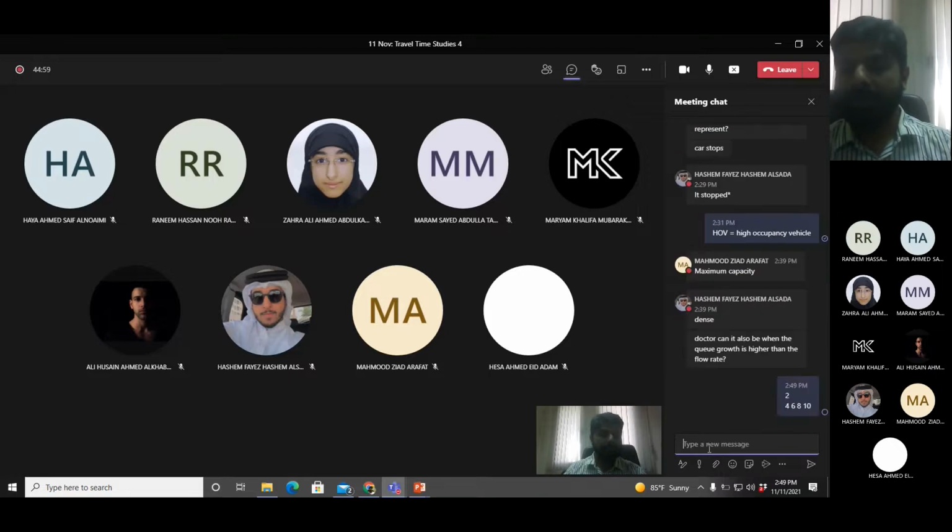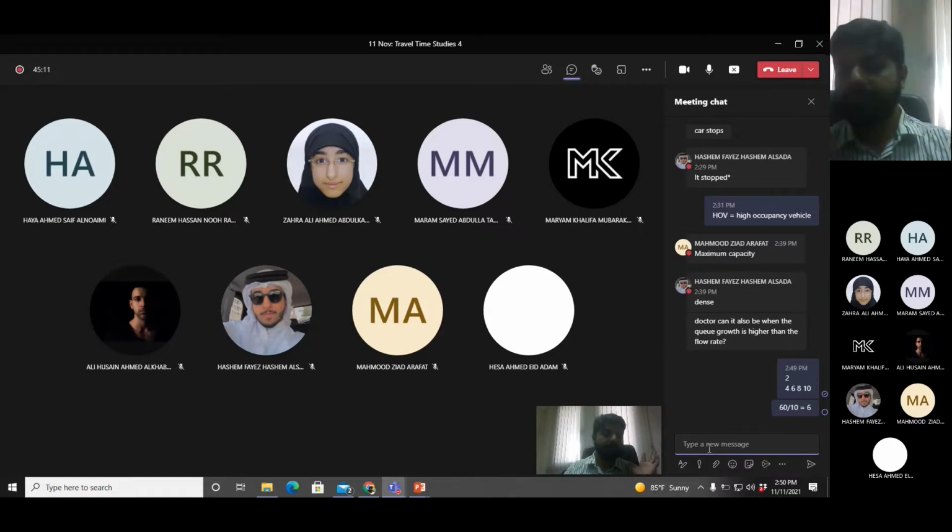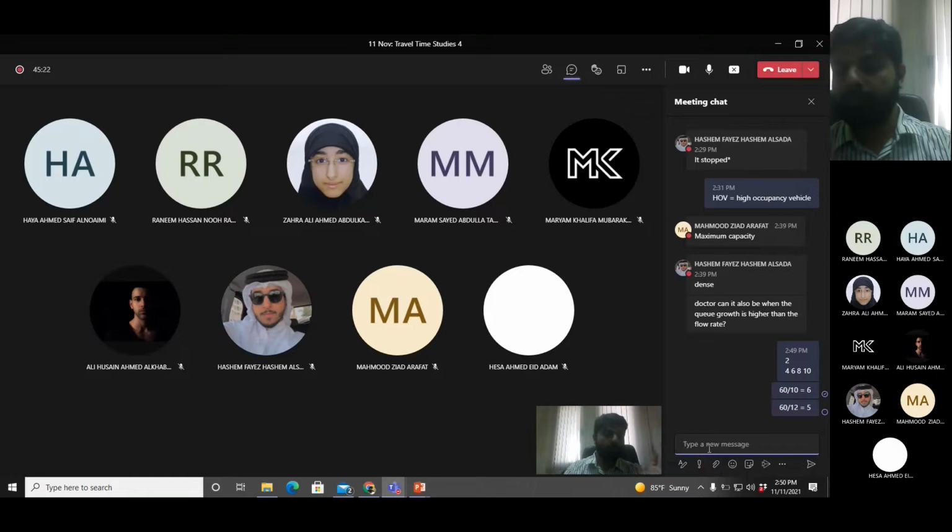For example, let's say your cycle length is 60 seconds. If I give a time interval of 10 seconds to the first observer, 60 upon 10 is 6. Allowed, no problem. Somebody else says make it a 12 seconds interval. 60 upon 12 equals 5, again an integer, no problem.